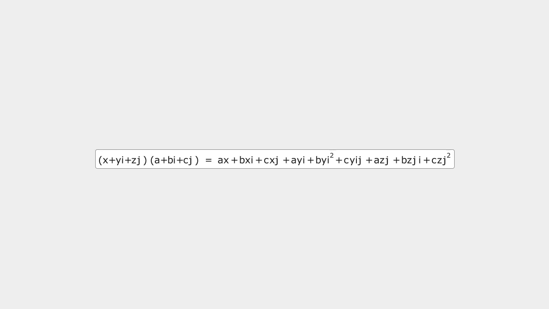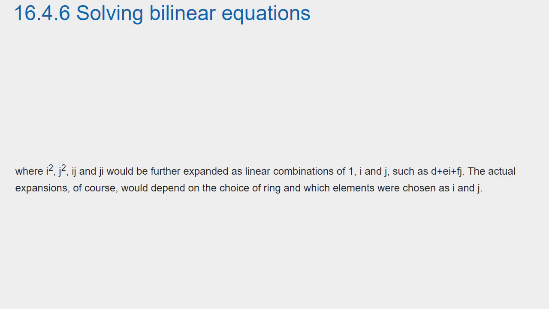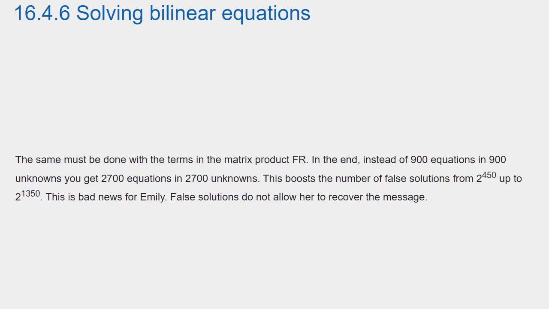Now a term of the matrix product Rf would have the form where i squared, j squared, ij and ji would be further expanded as linear combinations of 1, i and j, such as d plus ei plus fj. The actual expansions, of course, would depend on the choice of ring and which elements were chosen as i and j. The same must be done with the terms in the matrix product Fr.